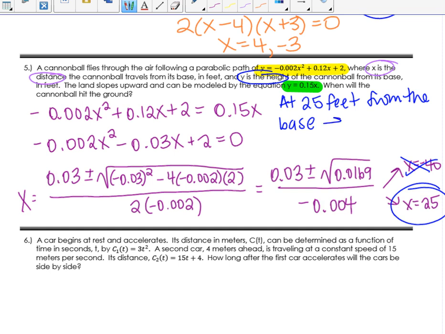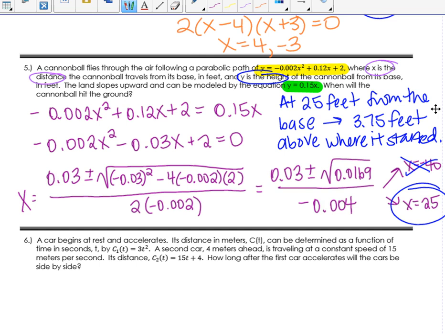So technically, it will hit 3.75 feet above where it started, because it's sloping uphill. Okay, so it's still hitting the ground even though you don't have a value of 0. It's just saying from where it started to where it landed, it's a difference of 3.75 because of the uphill, and it's 25 feet away from where it started.